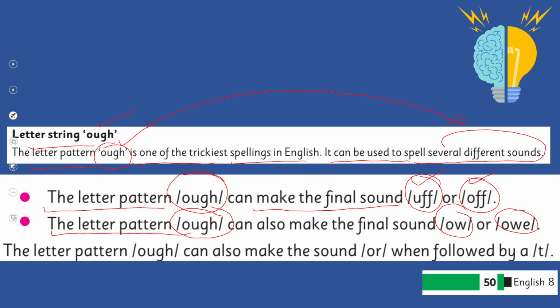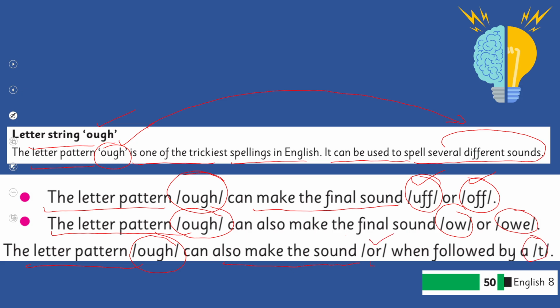There are so many words that are coming in your mind that contain these sounds because they are pronounced differently in different words. The letter pattern OUGH can also make the sound OR when followed by a T.